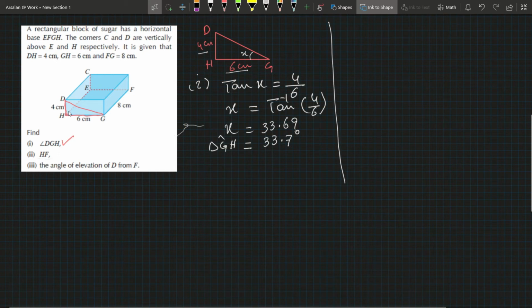Now HF is this diagonal line. I think I have to use another color. This is HF. Now it is included in the triangle HGF because it's a rectangular base cuboid. So what we have to do is make a separate triangle.